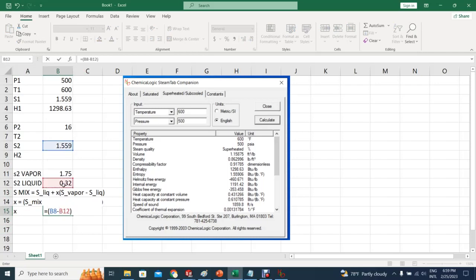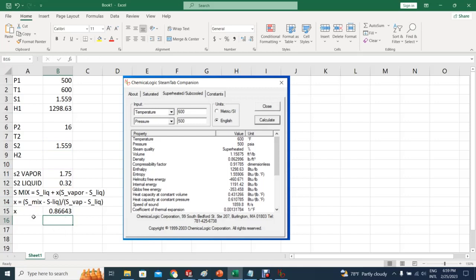And that, we divide by the entropy of the vapor minus the entropy of the liquid. And that's a number that should be between 0.8 and 0.9. That's it. 0.86643. Perfect.